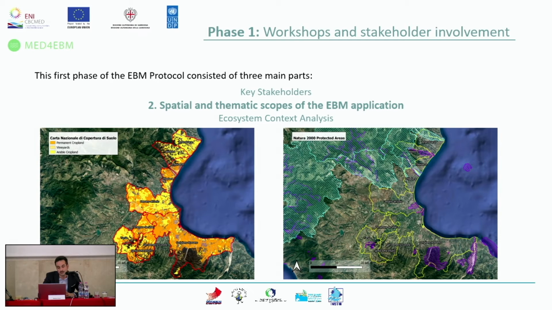Moreover, the work that we have done with the stakeholders helped us in the identification of criticalities and resources of the area. On the left side of the screen, you can see a part of the national map of land use. You can see that the Sibari plain, which is the largest plain here in Calabria, of course, has a consistent agricultural activity.